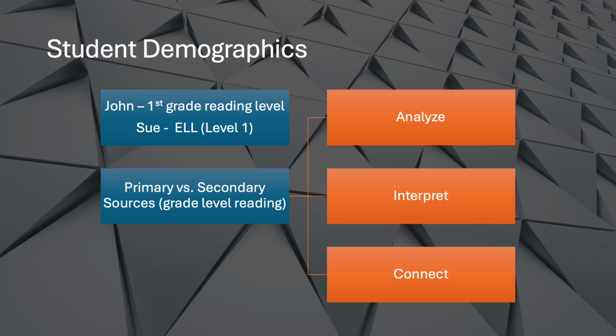And then specifically looking at the classroom and the two students that we're going to use as an example, we have John, who in eighth grade is at a first grade reading level, and then Sue, who is an English language learner, who's at a level one, which is the lowest English language learner designation that can be given for a student.